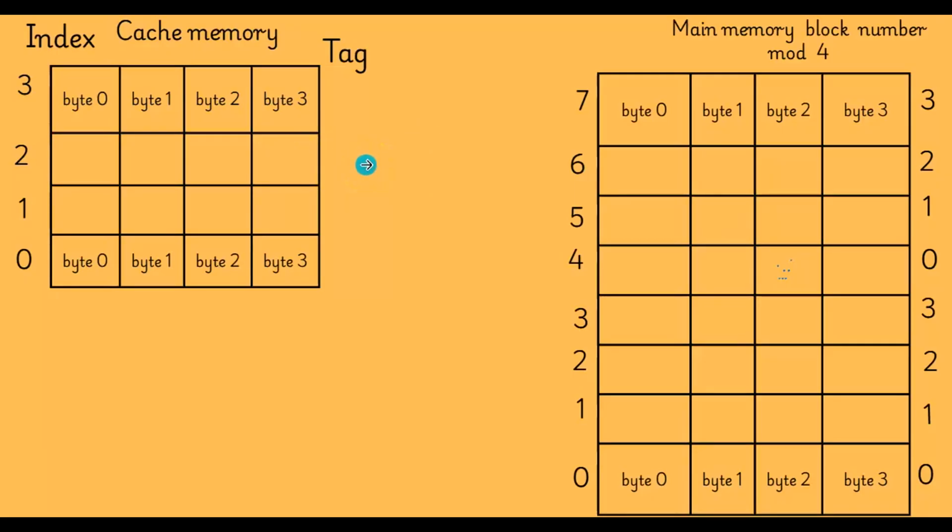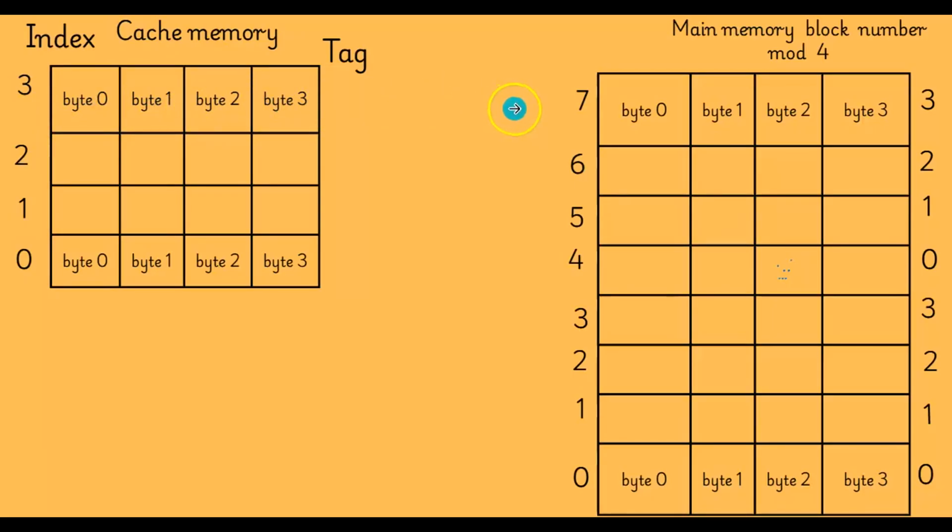So mapping is to be done between the main memory and cache memory using the concept of direct mapped cache memory. Now listen here. There are 8 blocks and each block contains 4 bytes. And the cache memory has 4 blocks and each block contains 4 bytes.